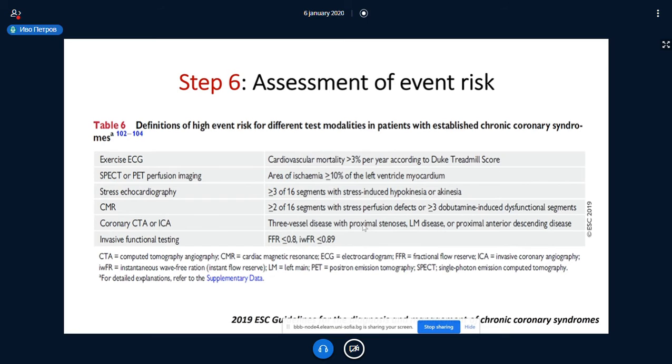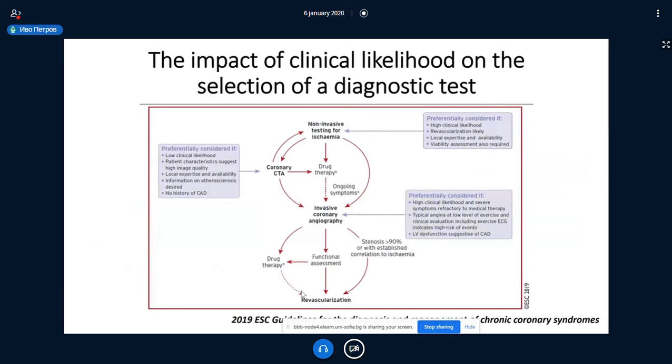In case we have a gradient of this stenosis, it's obvious, or iFR less than 0.89 or FFR less than 0.8, in this situation it speaks about a big gradient, so it speaks about significant stenosis.